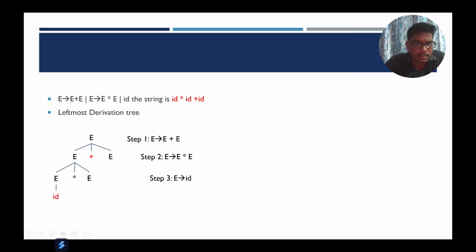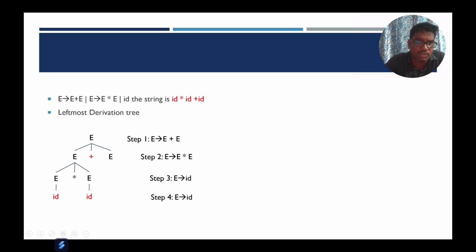Clear? So I completed this part. Now I am going to expand the right hand side of the left side. Right now I want to substitute here ID. In step 4, I'm going to consider E tends to ID. I'm going to substitute here ID. Now it fulfilled that ID star ID plus.